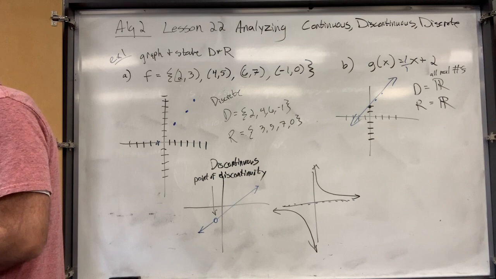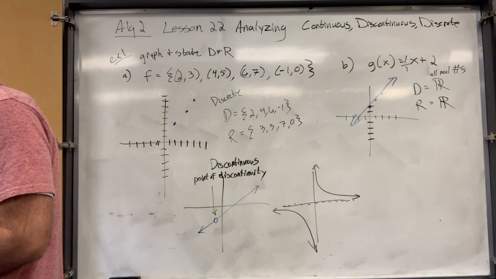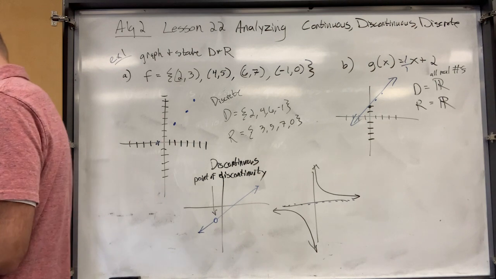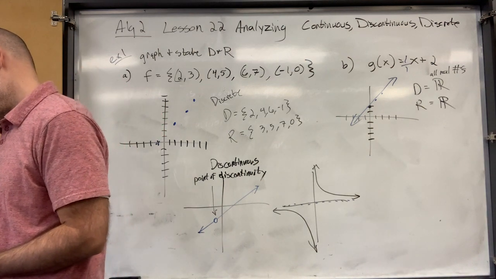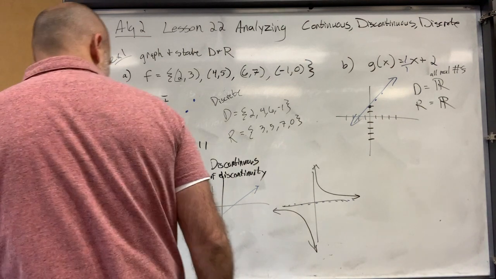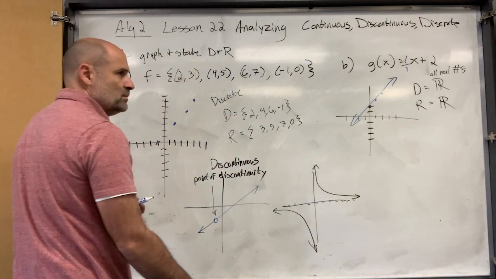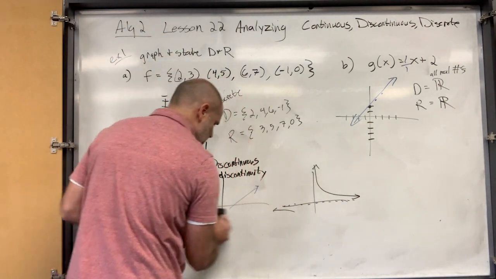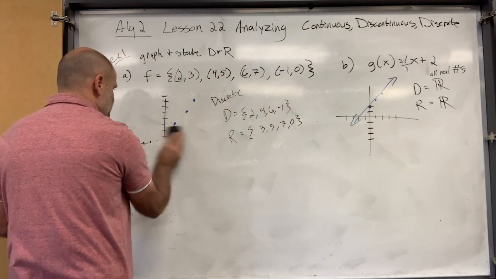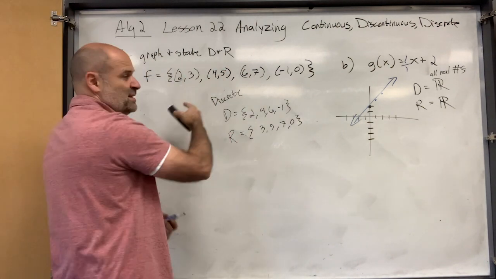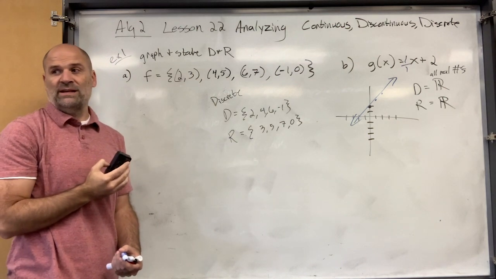So I'm going to show you a couple more things identifying some types of functions. Okay, and then this will be it. But identifying domain and range, remember domain is the x values. So when it's listed like this, identifying the domain and range is pretty easy.